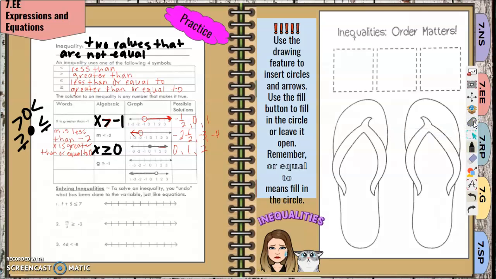All right, number 3 says G is greater than or equal to negative 1. So I'm going to write that as G is greater than or equal to negative 1.